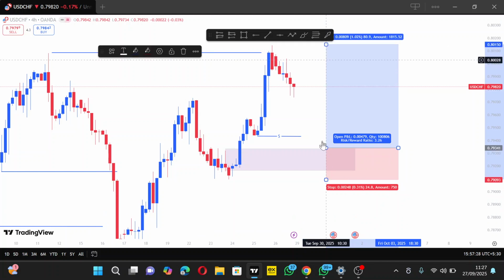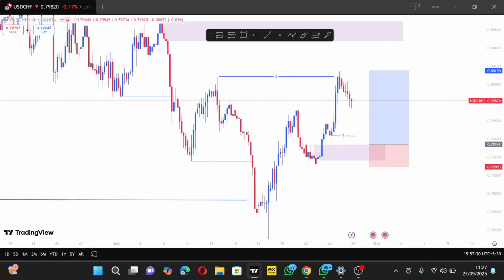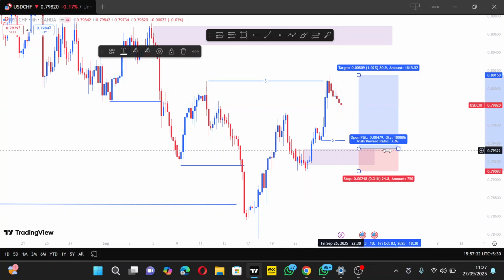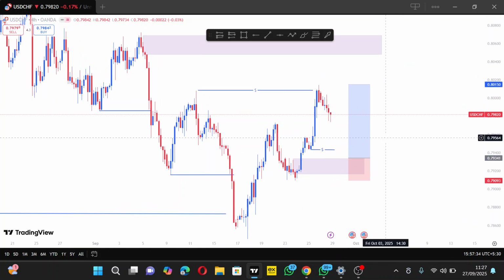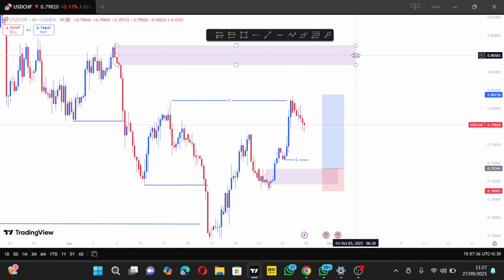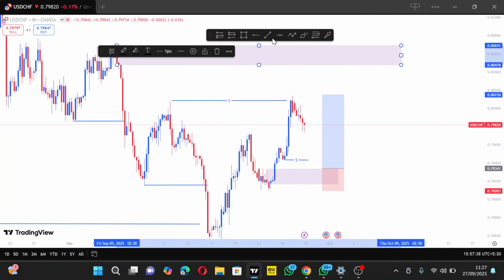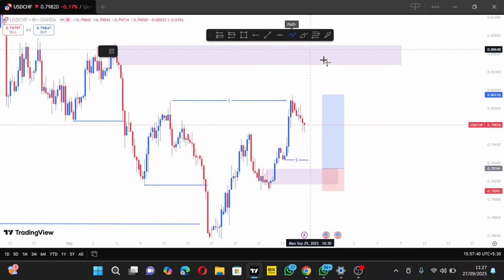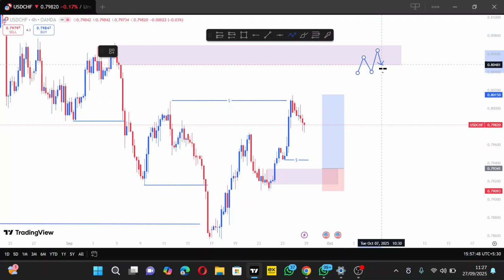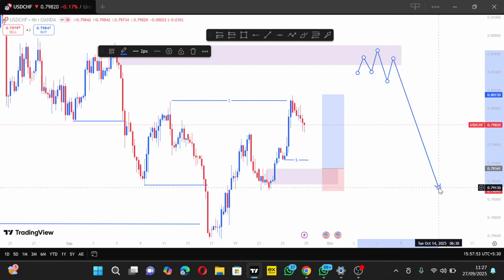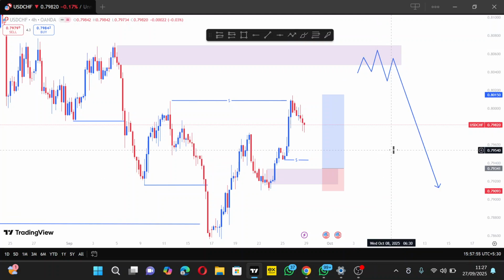Then we'll swing on 1/3 and hold on for price to get to this area then before we sell. Once price gets to this area, we are going to be expecting a change of character, tap in here, price moving like this to give a change of character, an actual character that we're going to sell. This is what we're going to be waiting for.